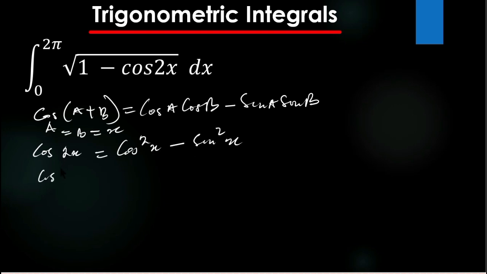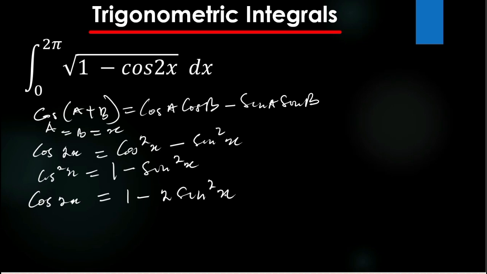Remember that cos squared x is the same thing as 1 minus sine squared x. So cos 2x will be the same thing as 1 minus 2 sine squared x. Invariably, 1 minus cos 2x will be the same thing as 2 sine squared x.